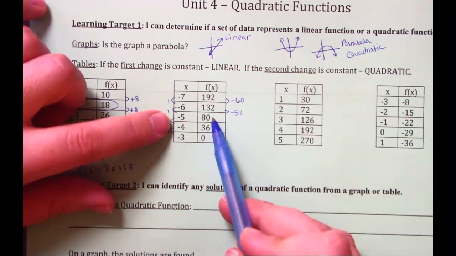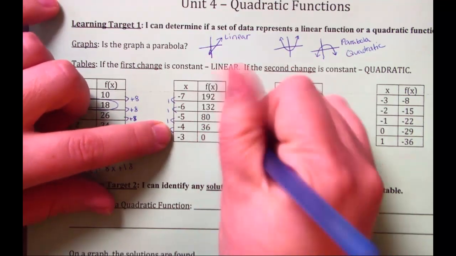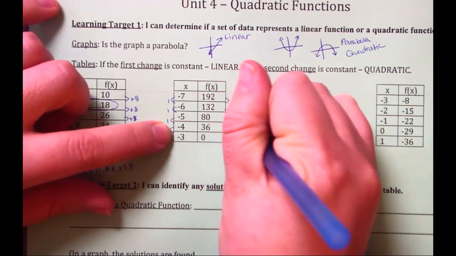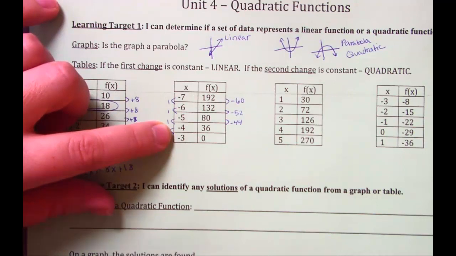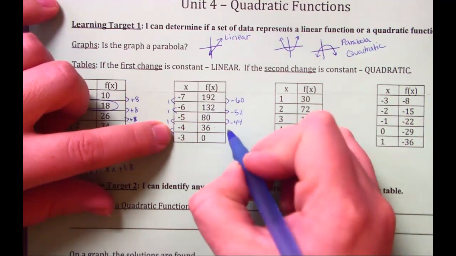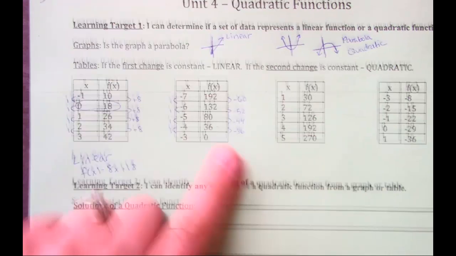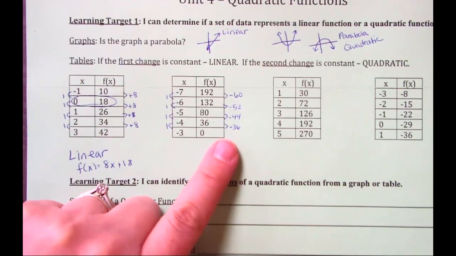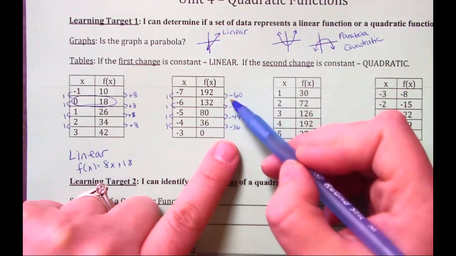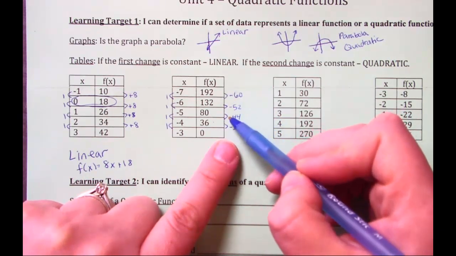To get from 80 to 36, you're going down 44. And to get from 36 to 0, you're going down 36. So we know right here that this function is not linear because it does not have a constant adding and subtracting change. It's subtracting 60 and then 52 and then 44 and then 36.